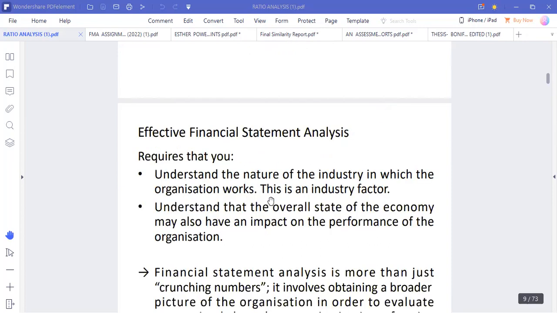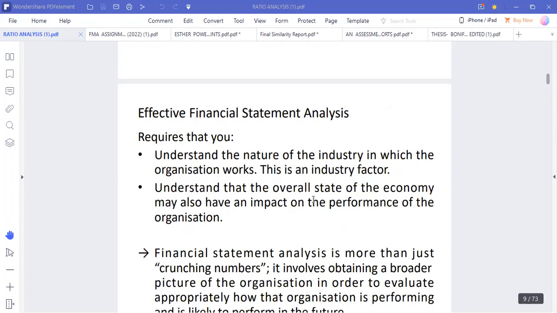So we're also going to look at the requirements. Financial statement analysis will require you to understand at least the nature of the industry in which that organization operates. So in our statement, as we do the critical analysis, we need to know which industry that company, Zambian Breweries, operates in.